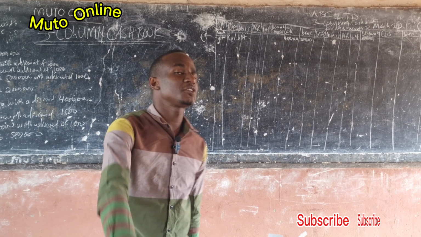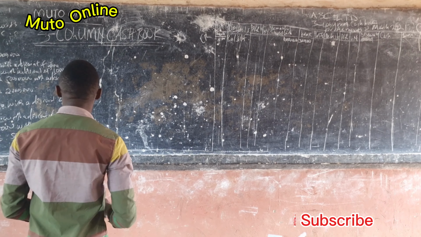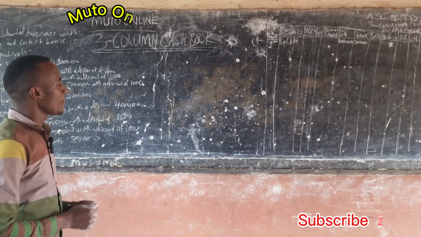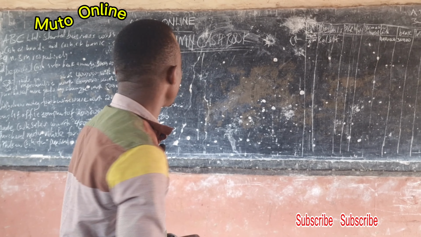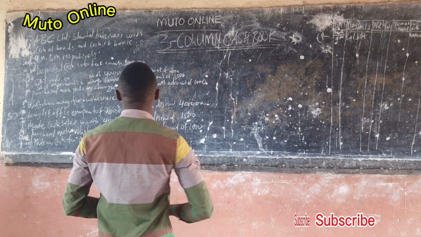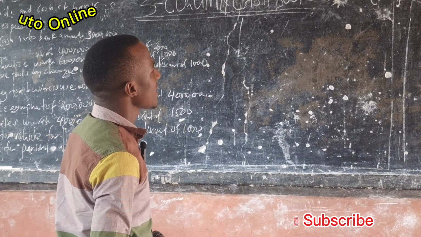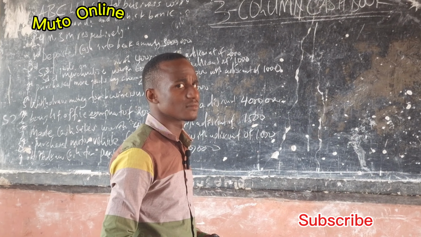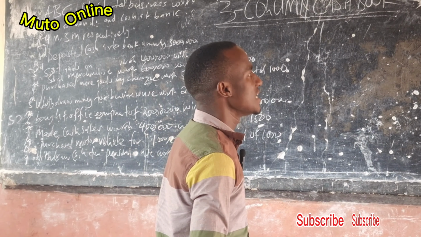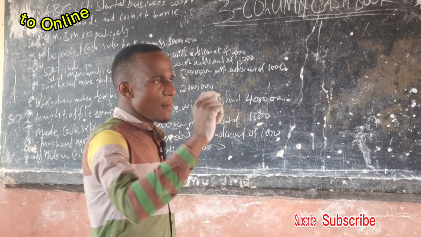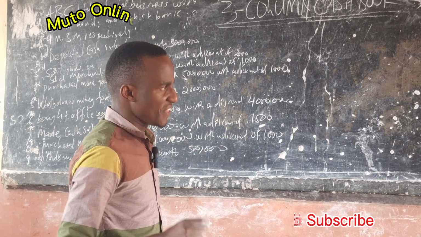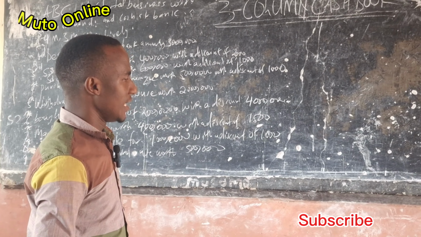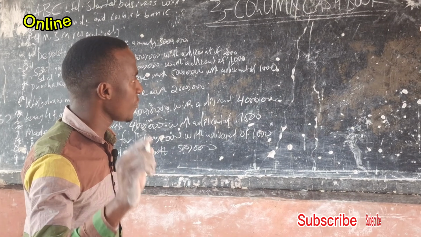Here, the transaction on second is that cash was deposited into bank amounting to 3 million. It means that cash at hand reduced. Listen very carefully, our dear viewers.